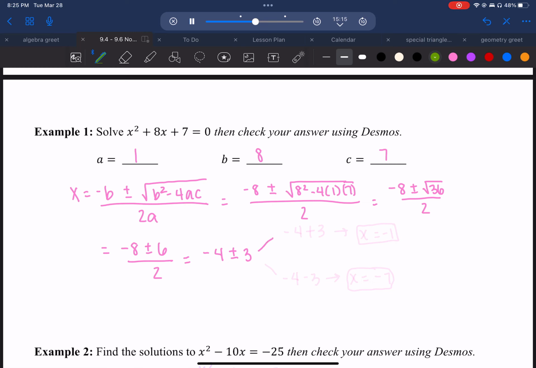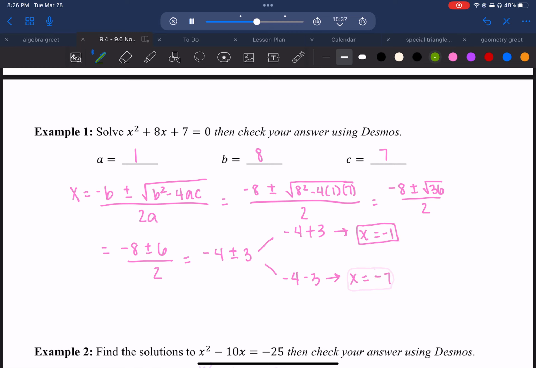That plus or minus then breaks into -4 plus 3 and -4 minus 3. So we get x equals -1 and x equals -7.